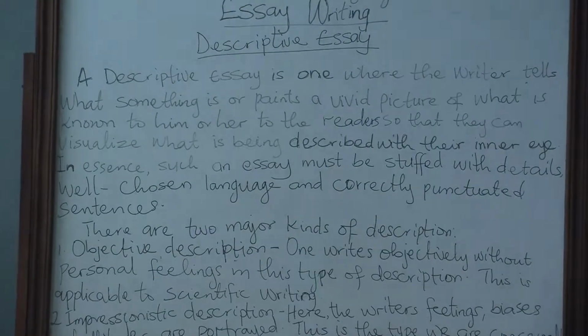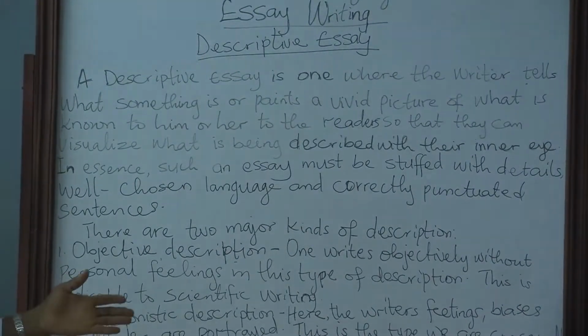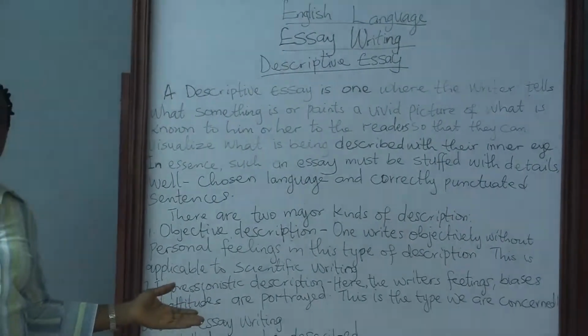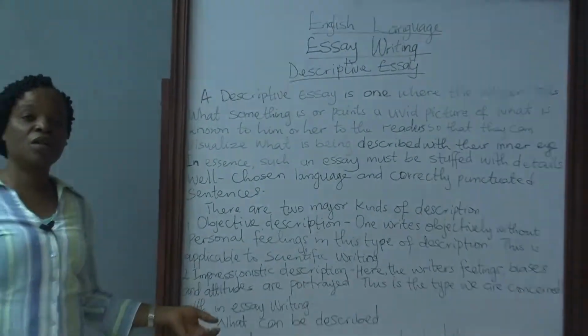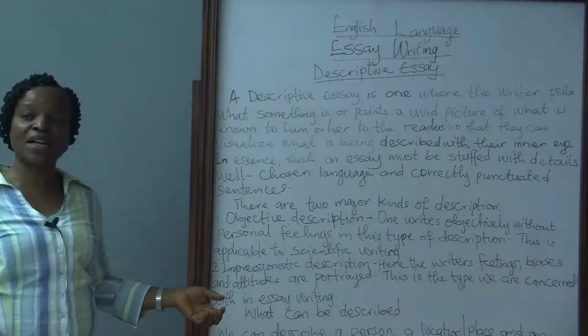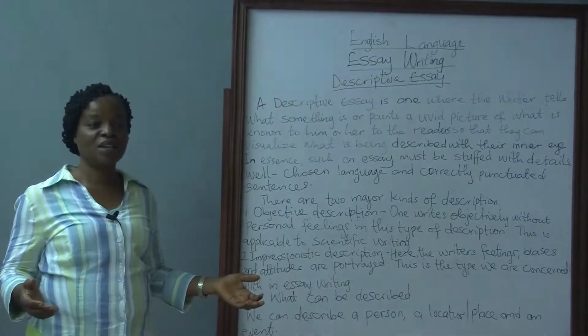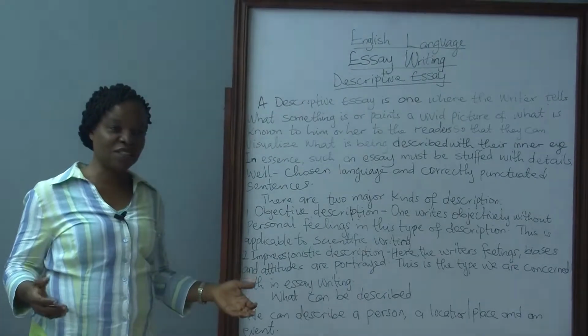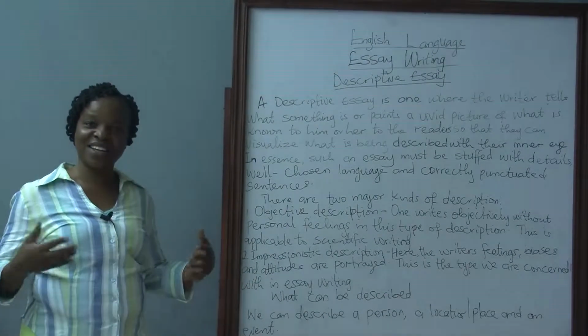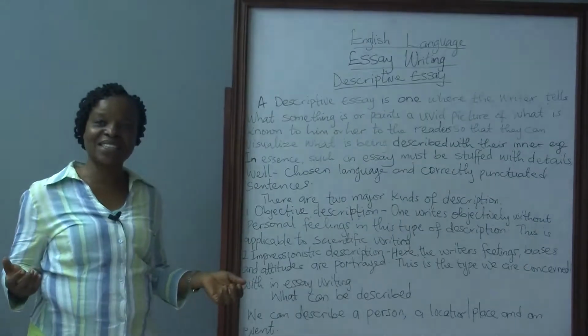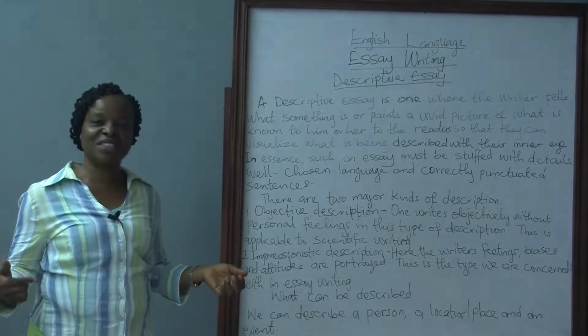This is the one we use in scientific experiments. When you write for scientific experiments, that's what you use, especially when you have to describe, for instance, an acid or base turning litmus paper. You can't be saying that now I feel that it turned it red.